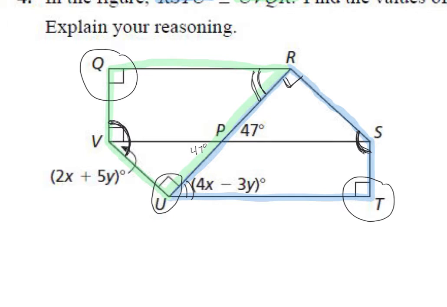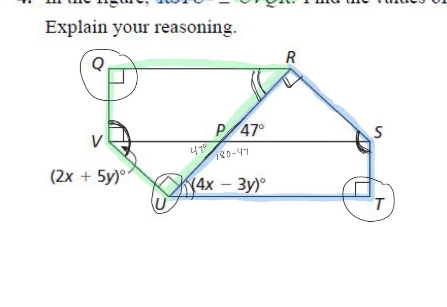How could we figure out this angle? Think about this as a straight line. 180 minus what? 47.